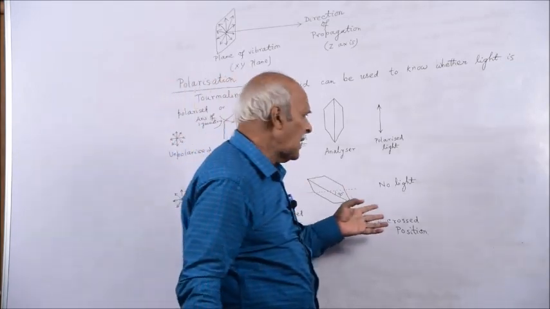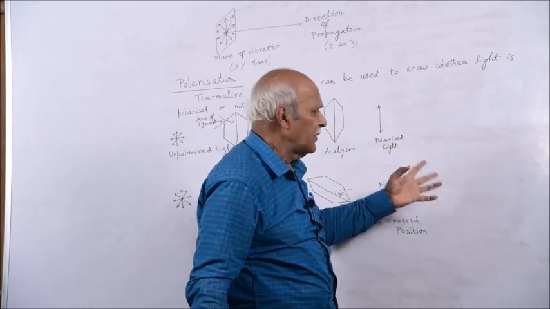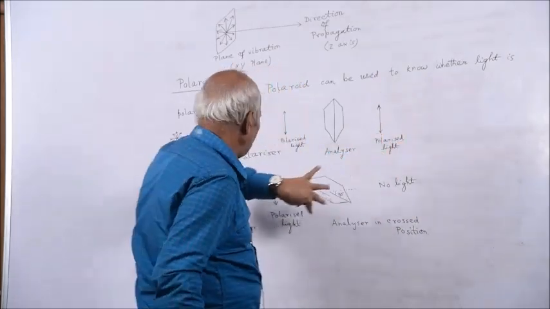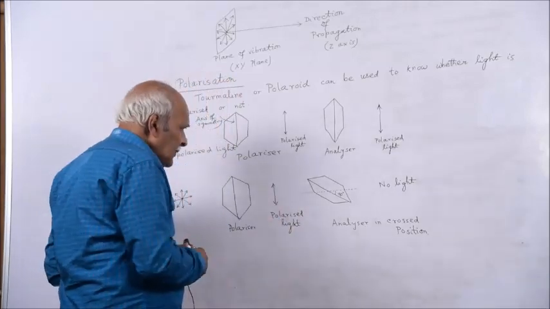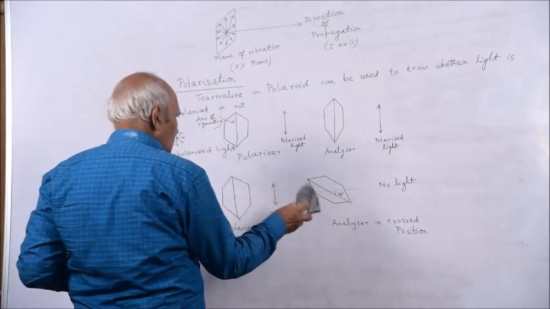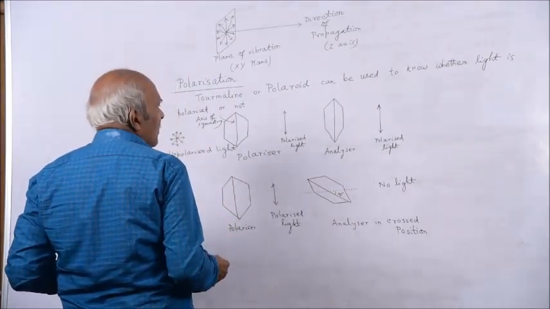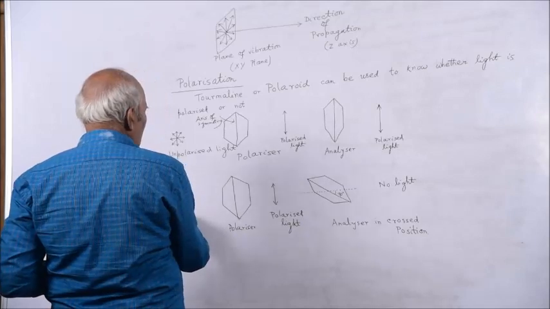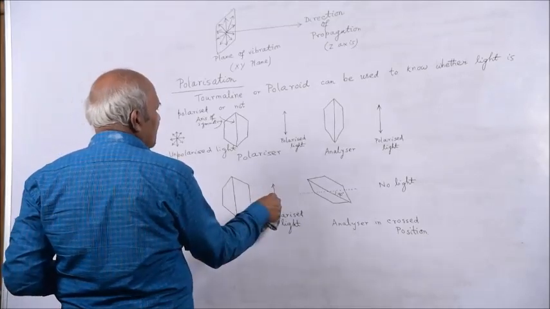So, our ordinary eye can also locate this one, that no light is there. So, this is one experiment by which we can know whether the light is polarized or not. This is unpolarized light, this is polarized.